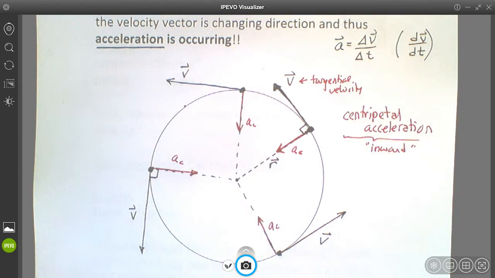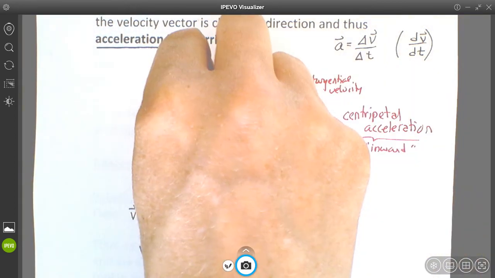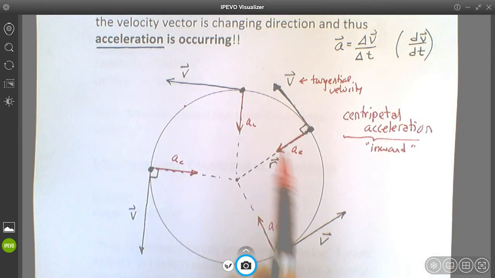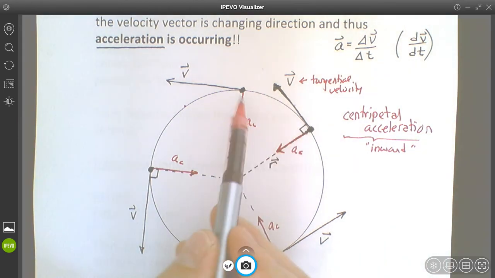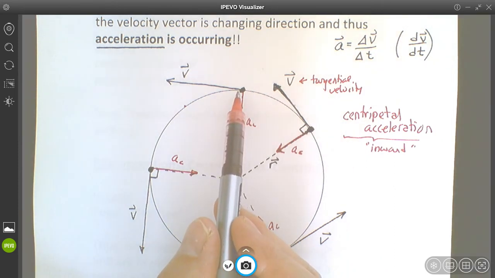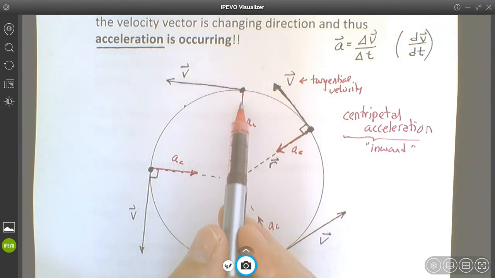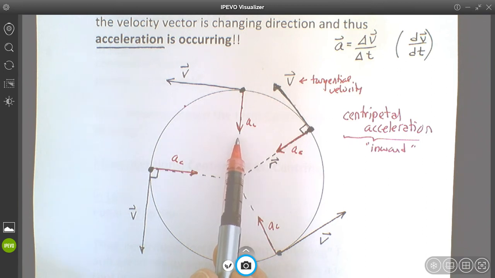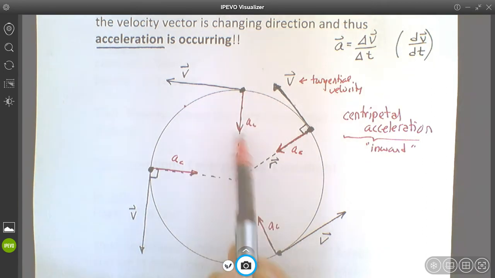This idea that you're flying off at a tangent is that sort of inertia that you're feeling. If you're turning in a car, for instance, or if you're rotating a ball on a string, you feel it pulling outward, but what you forget is that you're pulling inward on the ball. And so that ball is actually accelerating inward.